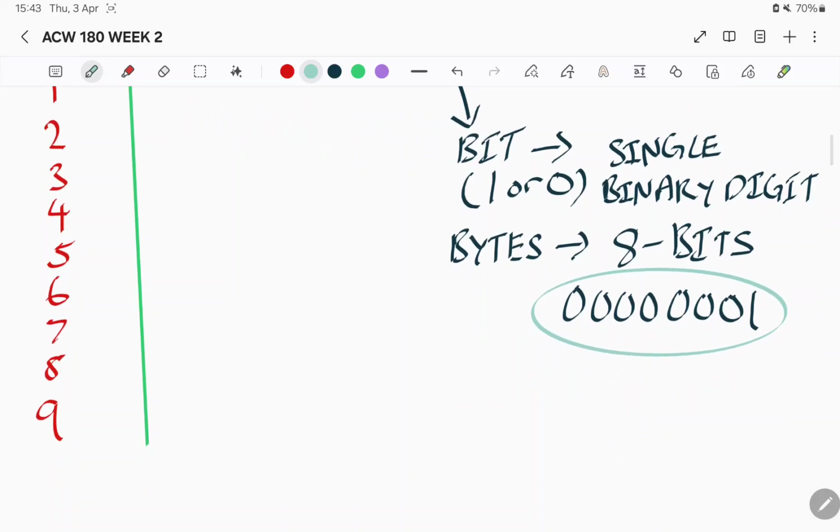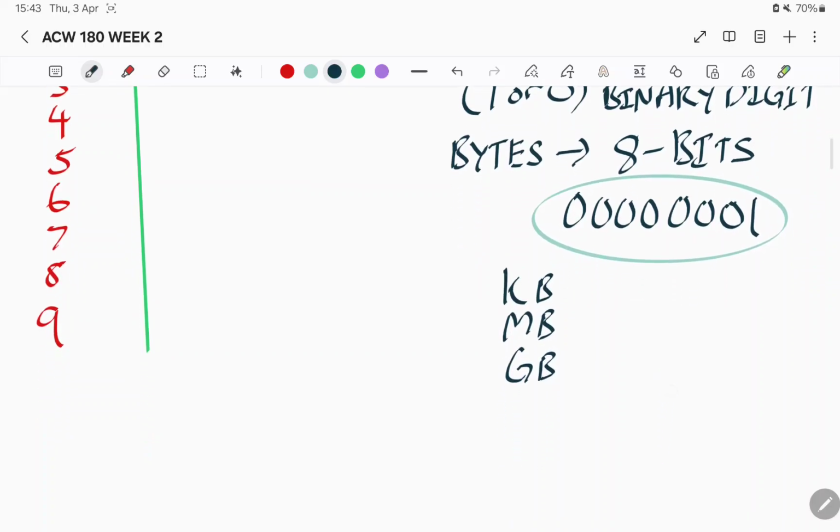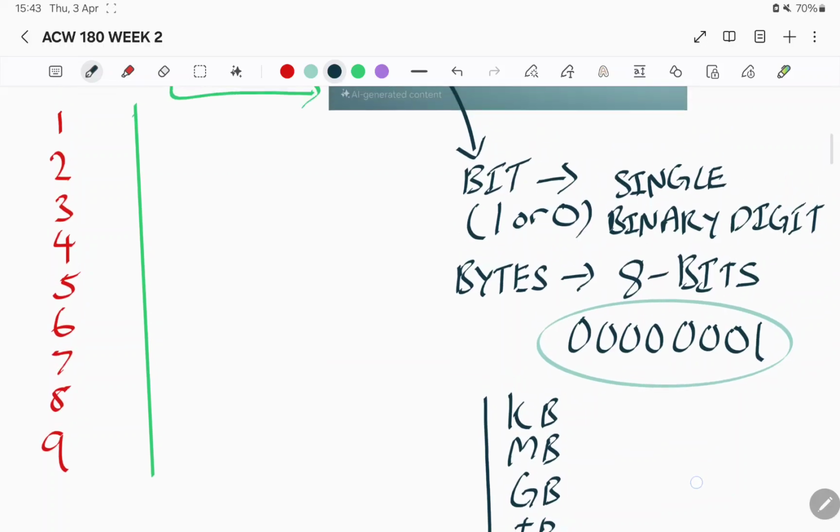Then you go with kilobyte first, then megabyte, gigabyte, terabyte, and so on. It keeps increasing.